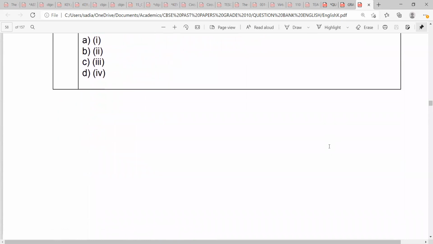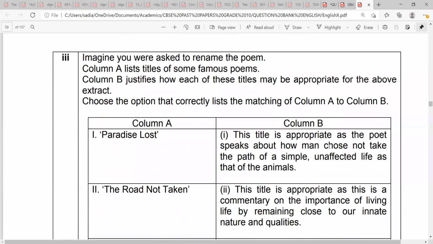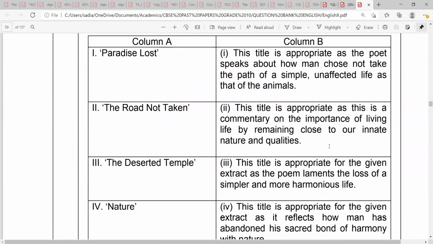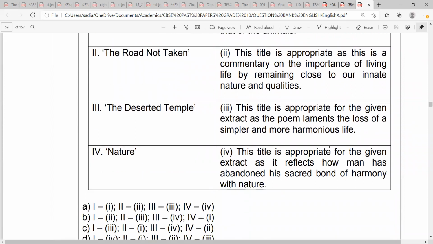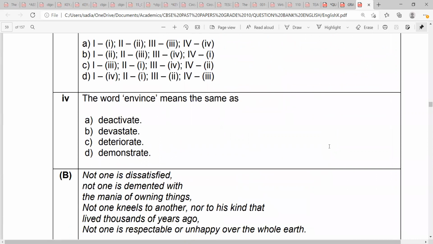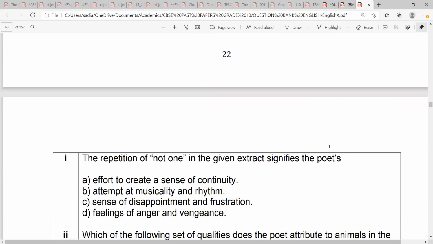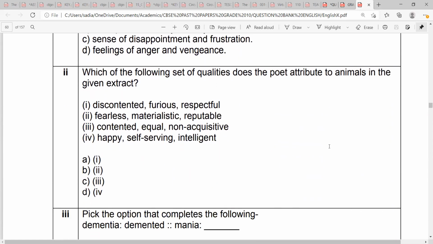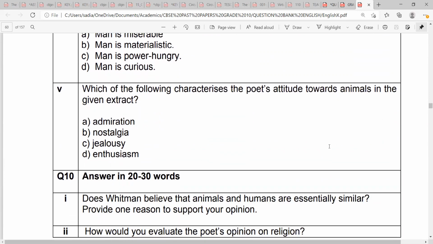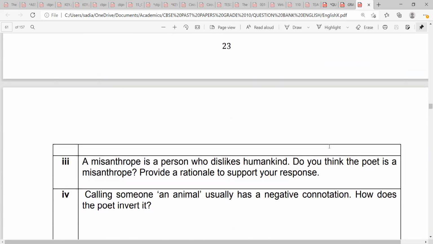Check the portion. 20 or 30 words questions.